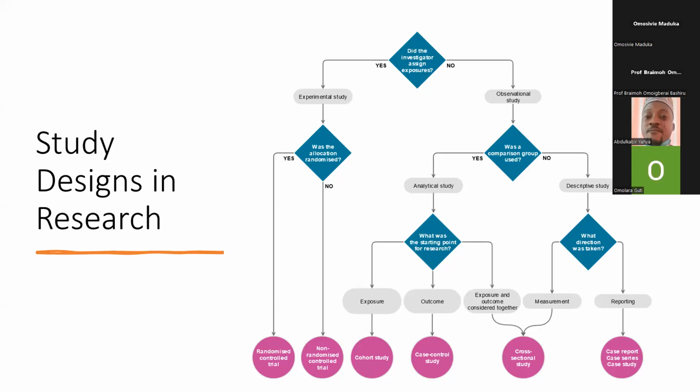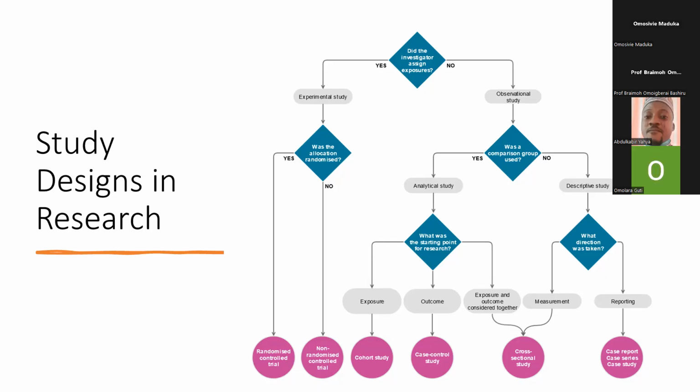Then if it's a case control, the outcome has already occurred. So you are recruiting people into 2 or more groups based on the occurrence or the lack of occurrence of an outcome of interest. And you are searching back in time to identify exposures or risk factors.